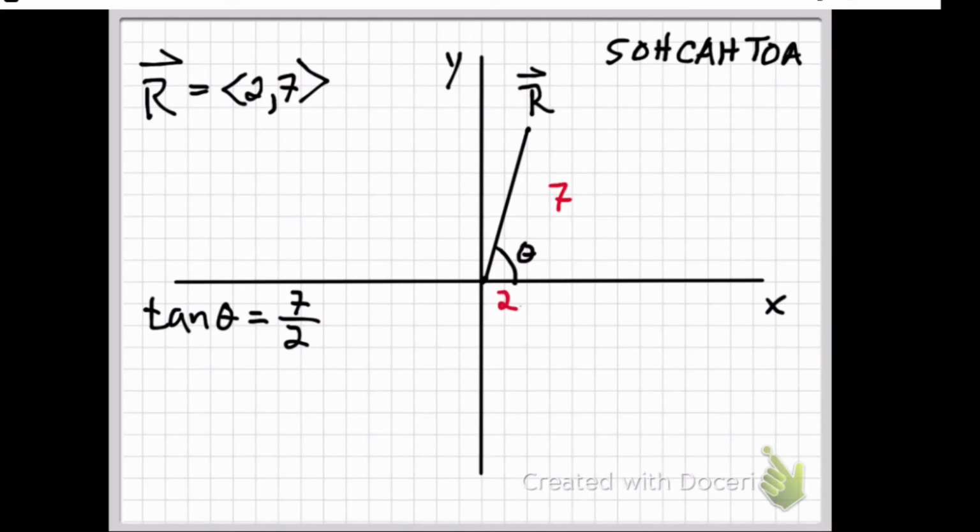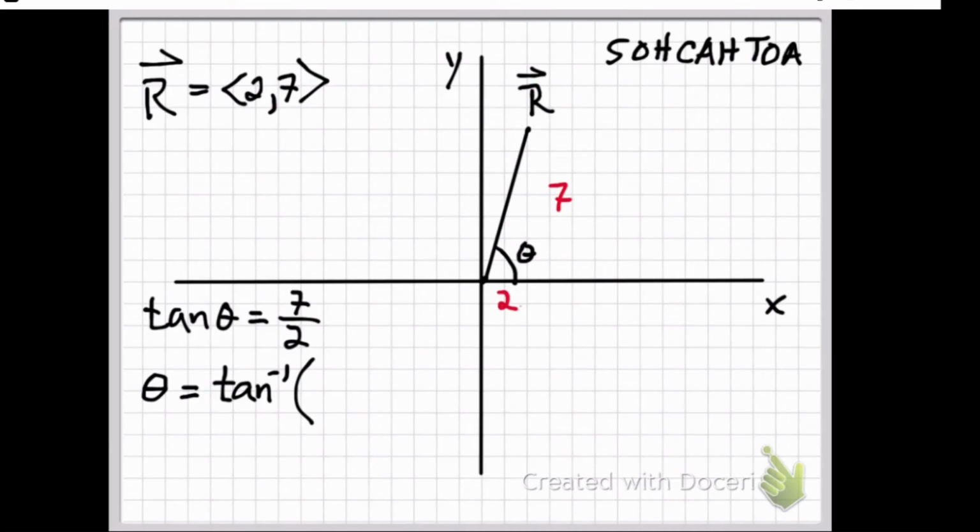Then we're going to perform an almost magical trick. We're going to take the inverse function of the tangent on both sides of this equation. We write this as theta equals the inverse tangent, tan negative 1, that's tangent with a superscript of negative 1. That's not an exponent.